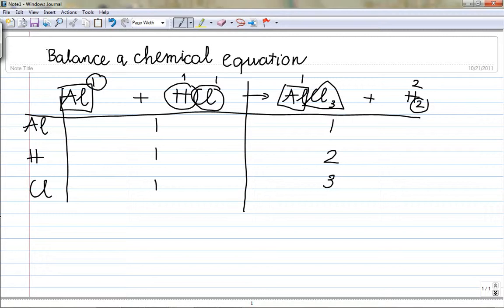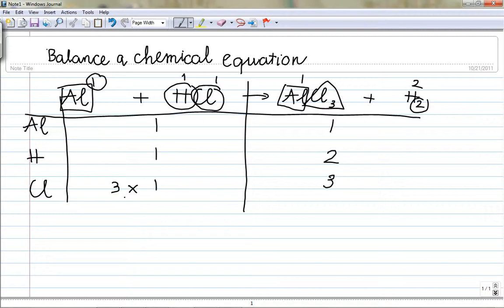Let's start off with chlorine. We have 1 chlorine on the left and 3 on the right. So if we multiply by 3 right here, we're going to have the same amount of chlorine on both sides.